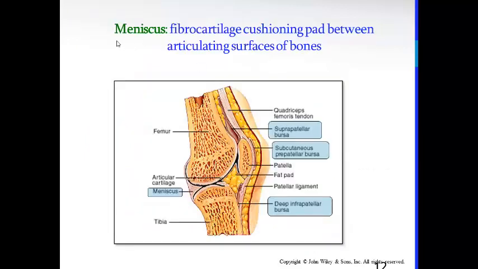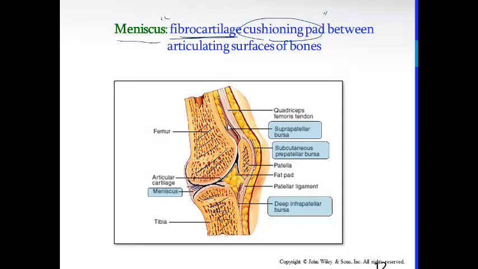Now, the meniscus, as we said, is a cushioning pad made of fibrocartilage. Over here on a cross section of your knee joint, you can see the patella over here, your femur on this side, and the tibia on this side. You can see the meniscus right in between. It seems very thin right here in this region.